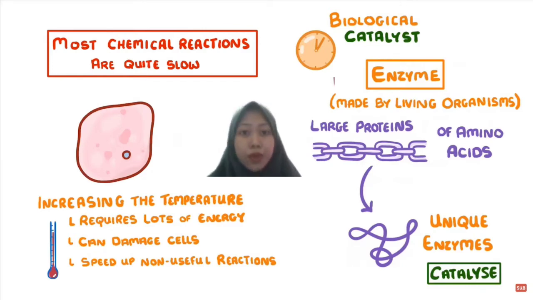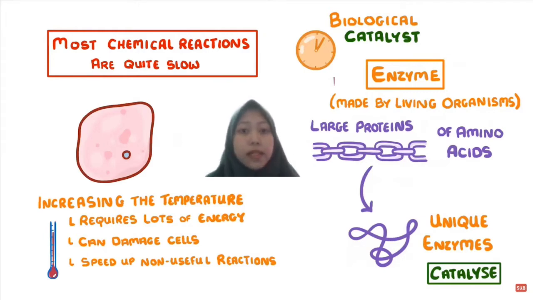Firstly, we need to know that a living cell, to function properly, has to carry out a lot of chemical reactions every day. But the problem with this is most chemical reactions are naturally quite slow. One way to speed up reactions is by increasing temperature, but this can cause a few problems.